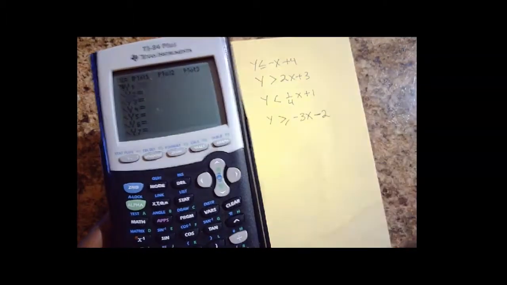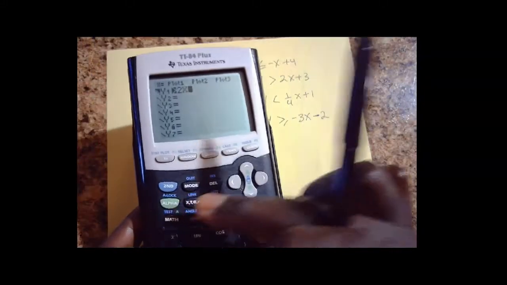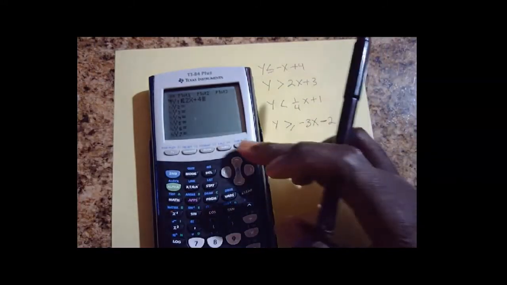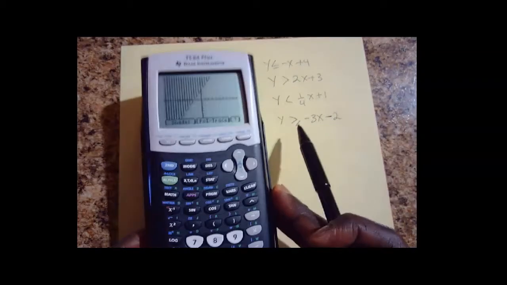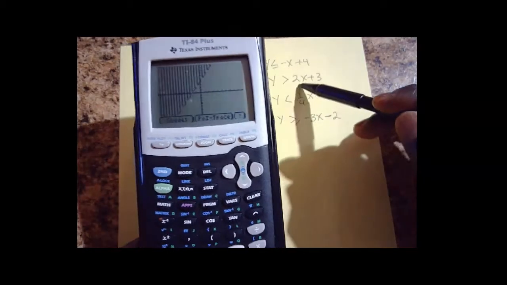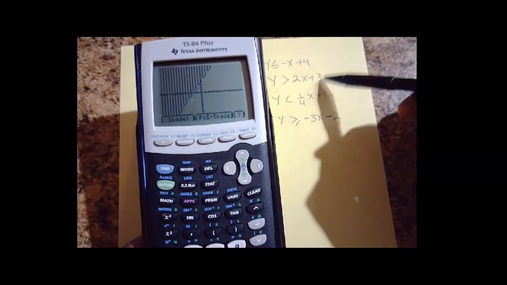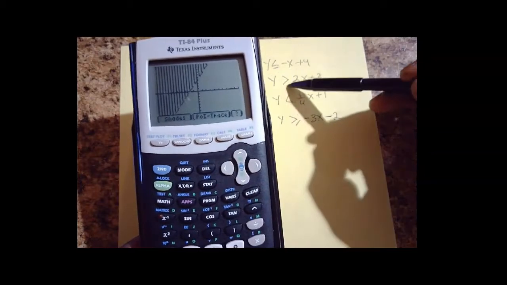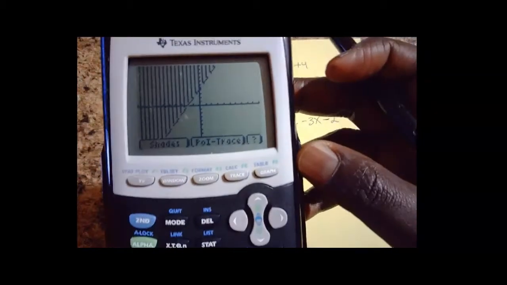We type our 2x here plus 3, and then we graph it. So here we realize that it was a positive slope, so it's going up, and the y-intercept was 3, and it was greater than, so we shaded up here, and it's using a broken line.